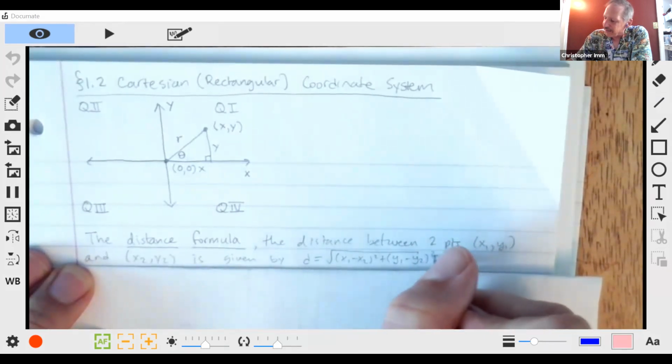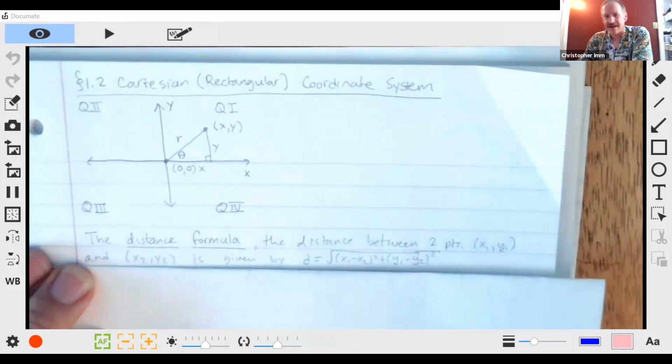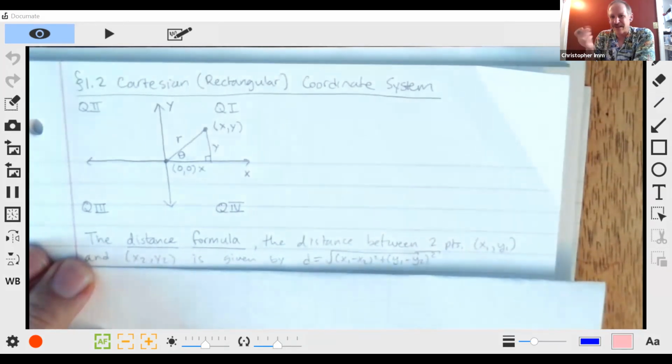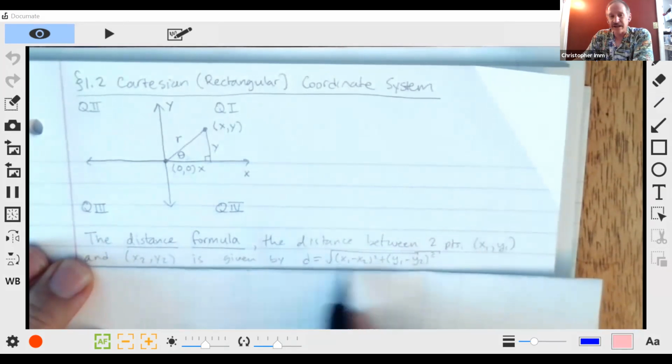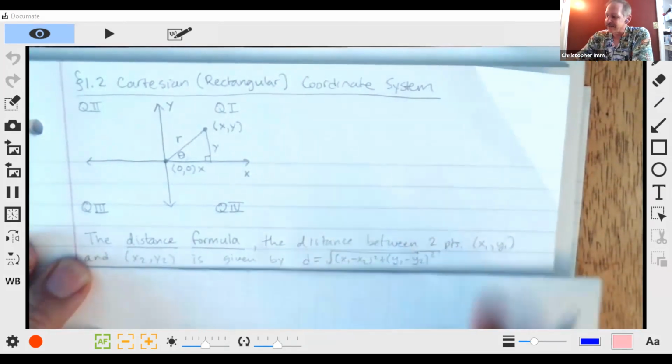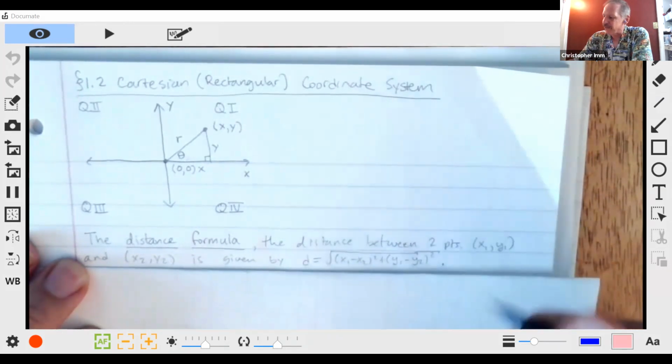I wrote that as x1 minus x2 squared plus y1 minus y2 squared. Probably in the textbook, it would have been the other way around. It doesn't really matter because we square it, so if this was negative, we still get a positive answer. So the distance between any 2 points is given by this formula.